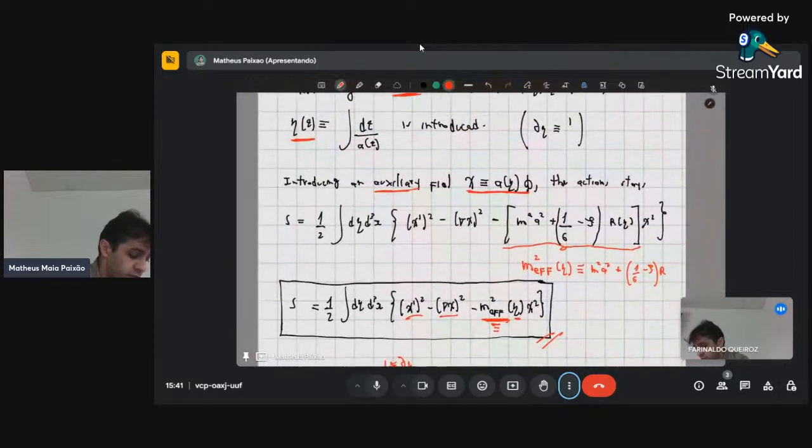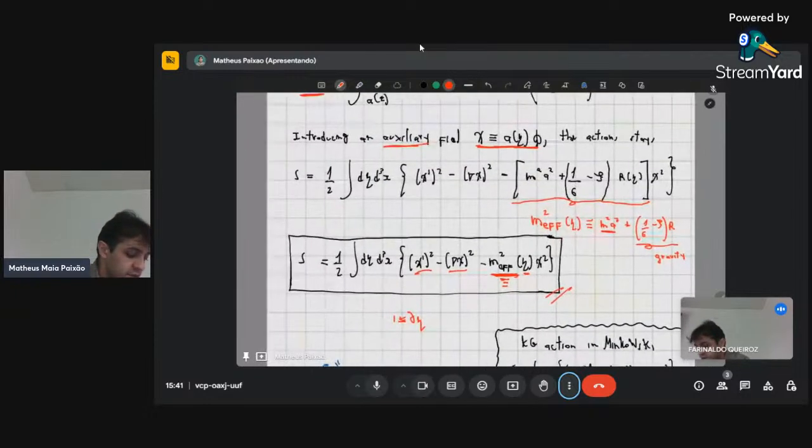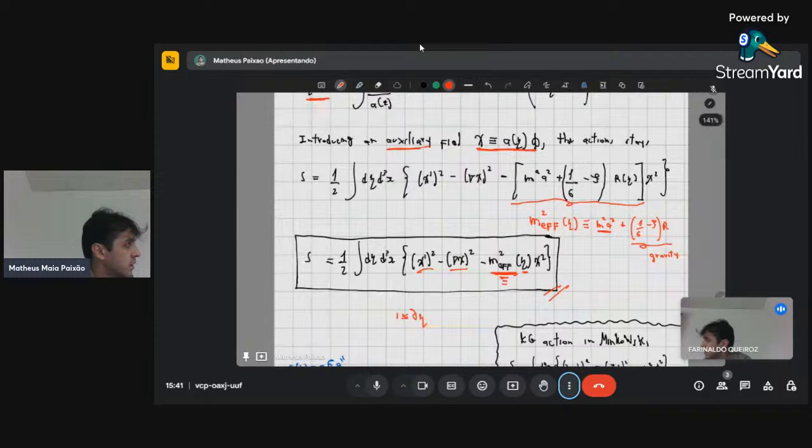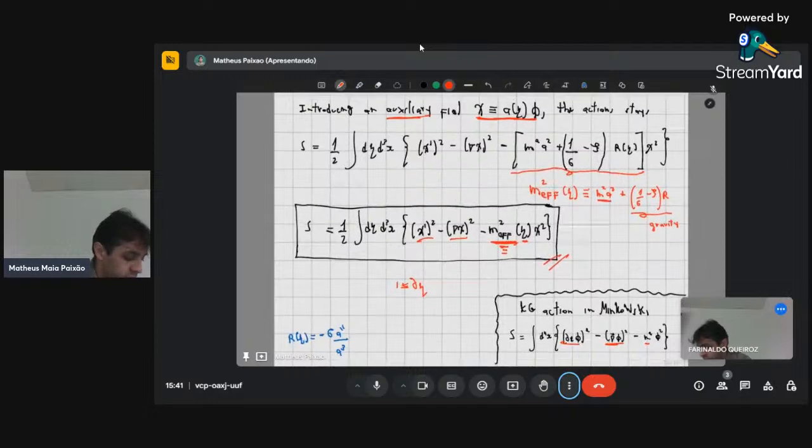The expression of this effective mass can be written in terms of the original mass plus a term that depends explicitly on gravity. And this time dependence of the mass that appears in my action is actually responsible for the creation of particles.